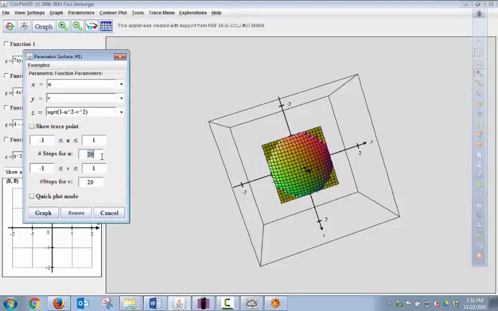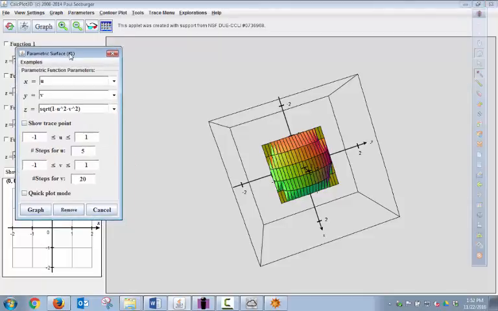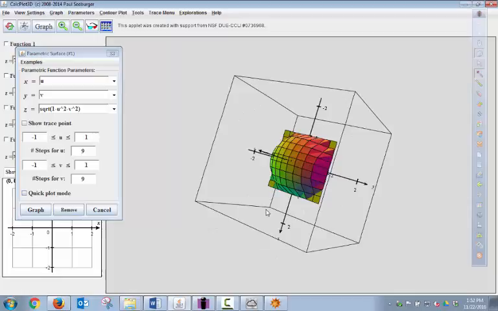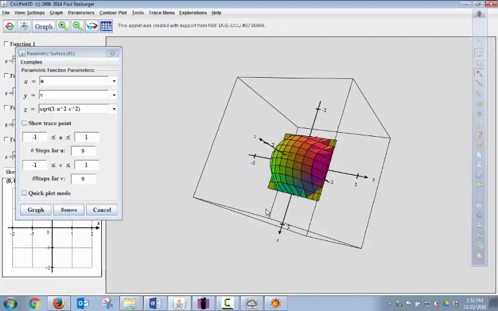But if I make this into just 5 steps or 5 partitions, you can see that 1, 2, 3, 4, 5 along the x-axis, I've only partitioned 5 times. Like this one, 9. And if we cut this to 9 also, it's a way to break things up.